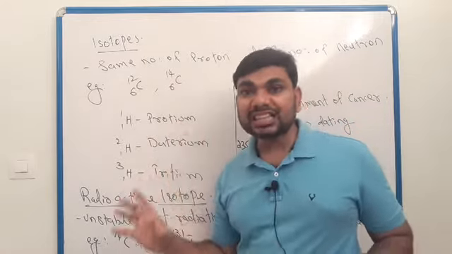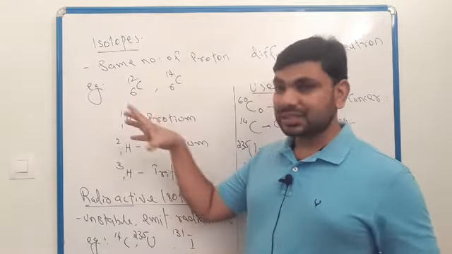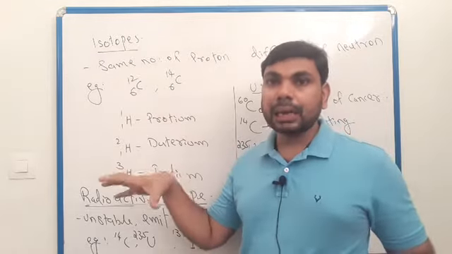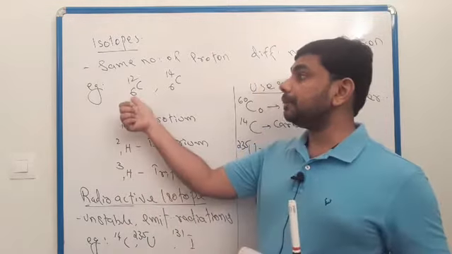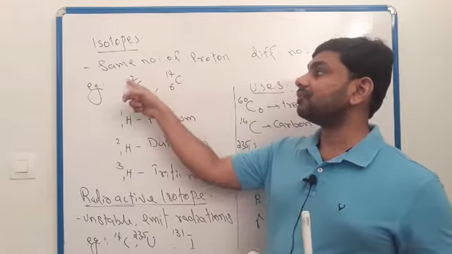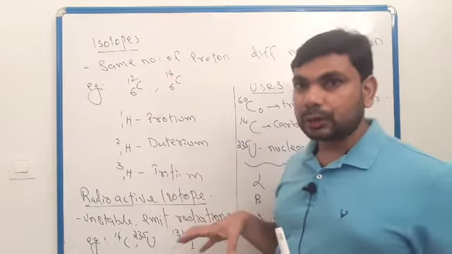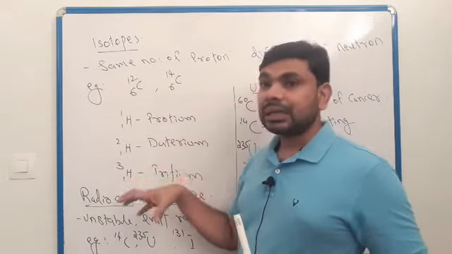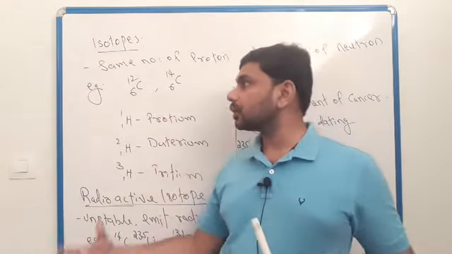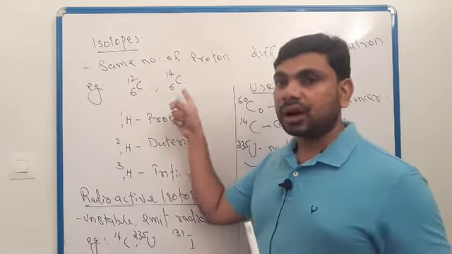This type of atoms are called isotopes. These are different atoms, but they are the same element, carbon. They have the same proton number, but different mass numbers. Isotopes mean different atoms of the same element with different mass numbers. These are the isotopes of carbon.